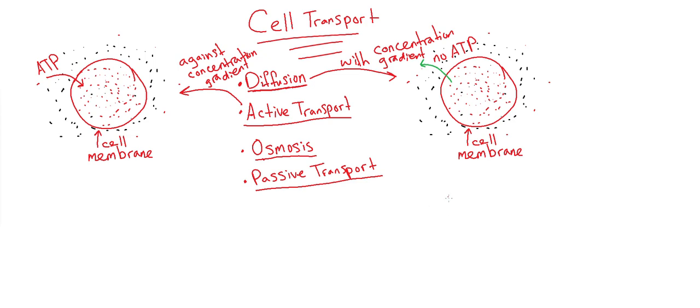Now, let's talk about the different types of osmosis. All right. So the first type of osmosis that you have to be aware of is hypotonic.